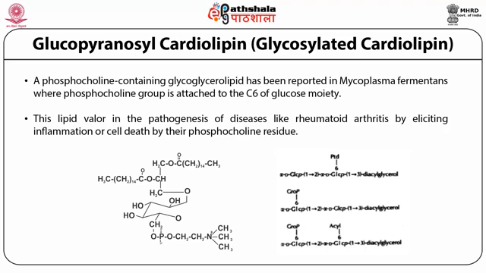In Lactococcus and Streptococcus, which are gram-positive bacteria, a number of complex glycolipids deriving from glucopyranosyl 1,2-glucopyranoside diacylglycerol were recognized.